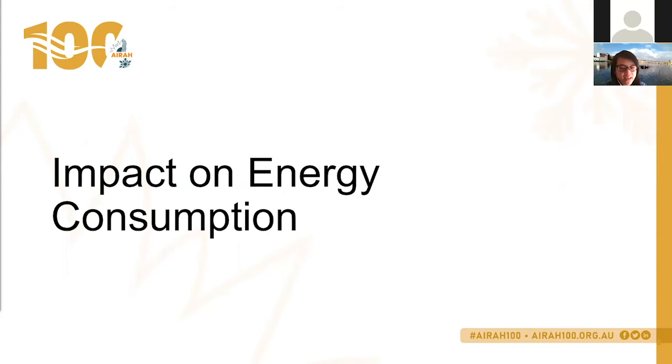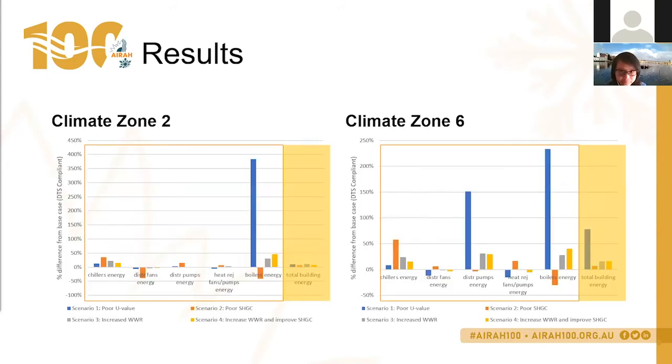So, impact on energy consumption. What I've done here is to box this up so that on the left is the subsystem breakdown in energy consumption, and then shaded in yellow is your total building energy consumption.